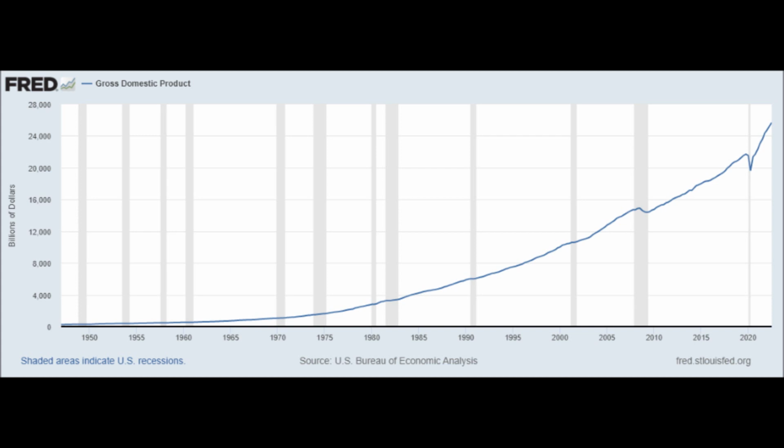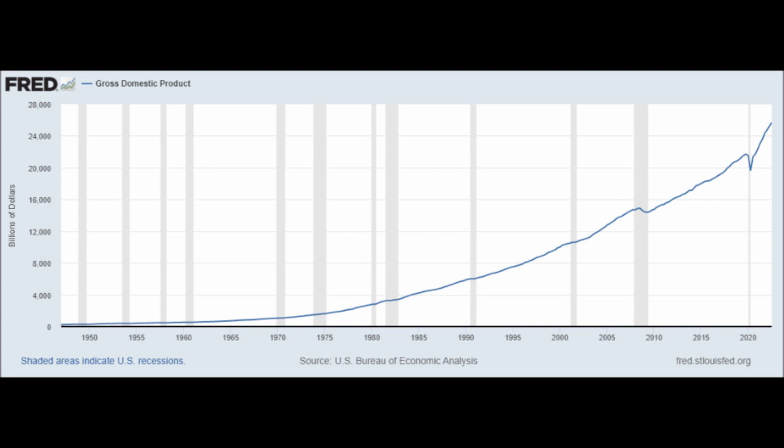This graph shows how U.S. gross domestic product has grown pretty consistently since the late 40s. And from when it was probably less than $1 trillion a year to current day, where it's 25, $26 trillion a year.